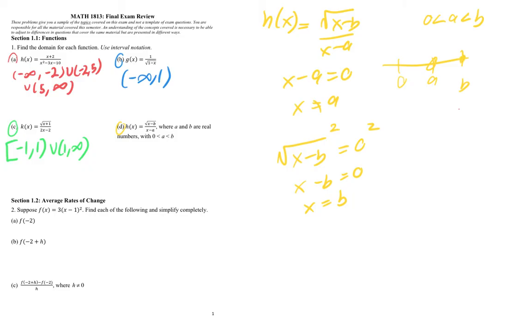So anything that was less than b, right, then that's not going to exist. So we know that we can only exist when our values are greater than b. So looking at a number line, that means that our domain only exists when we're at b or greater. So we're going to write that as a bracket of b, because we can exist there, and then we're going to go to infinity.